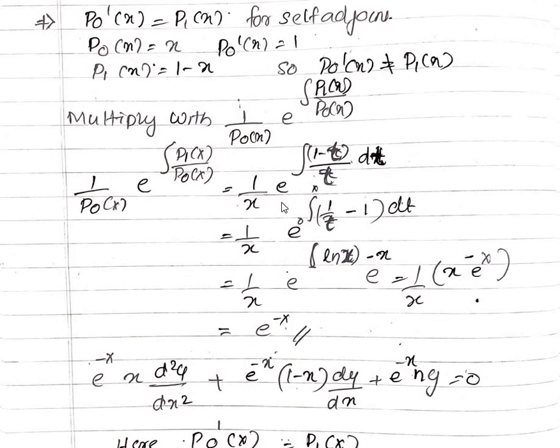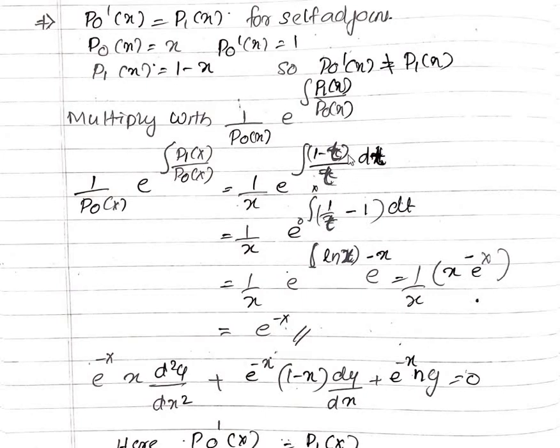So 1 by x e raised to integral p1 of t by p0 of t, using t as another parameter. After integration we can convert it into the form of x. p1 of t is 1 minus t, and p0 of t is t itself, so (1 minus t) by t dt. We integrate between the limits 0 to x.